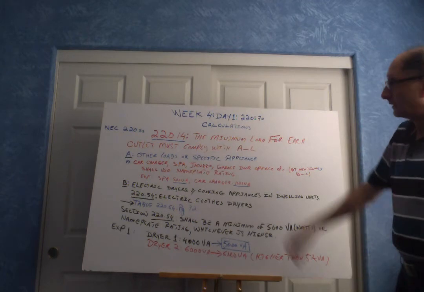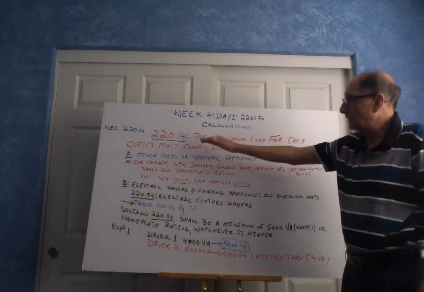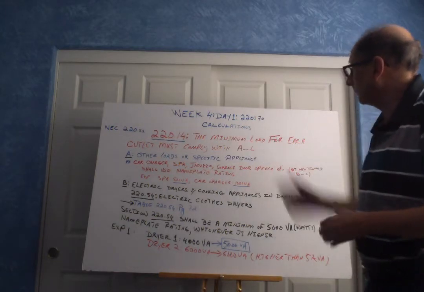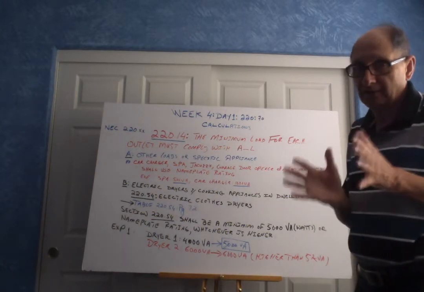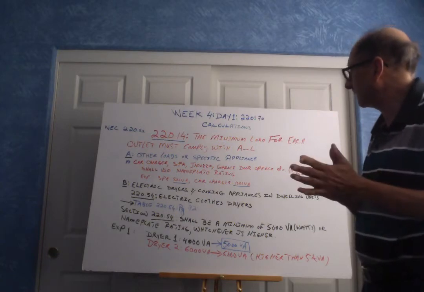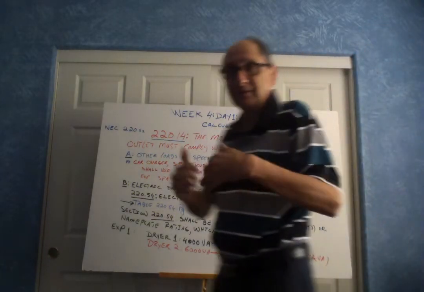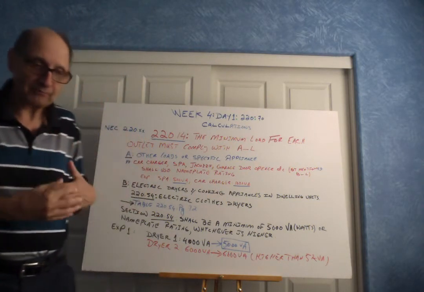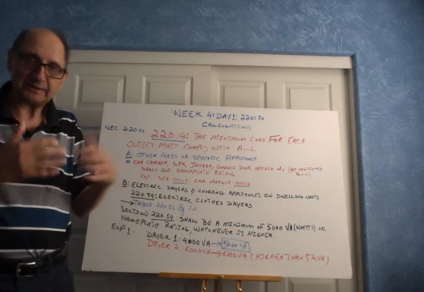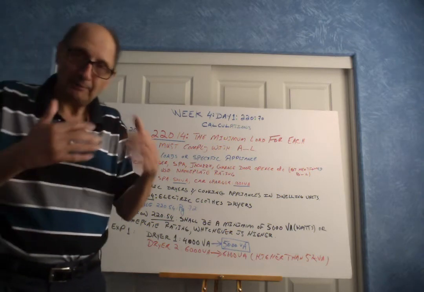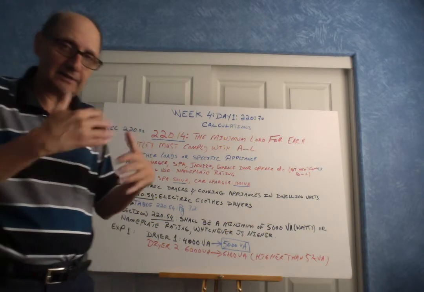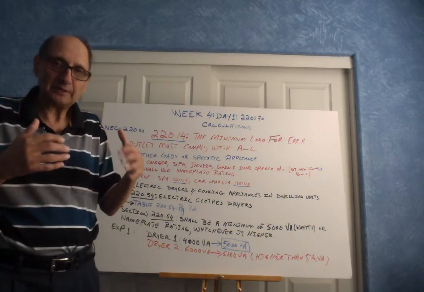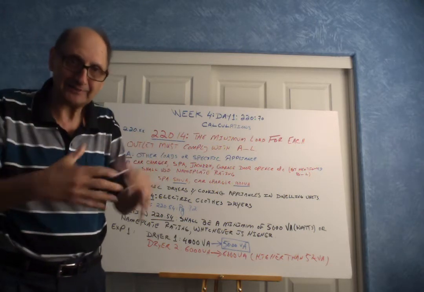220.14. Section 220.14 simply states the minimum load for each outlet must comply with subsections A through L, because every subsection discusses different appliances, and I think every one of you knows that these appliances may need to be plugged in somewhere.